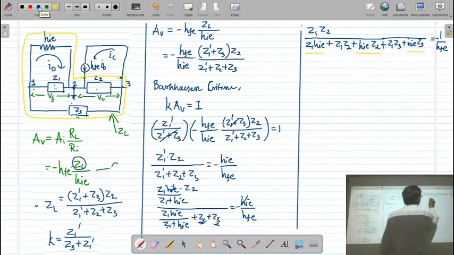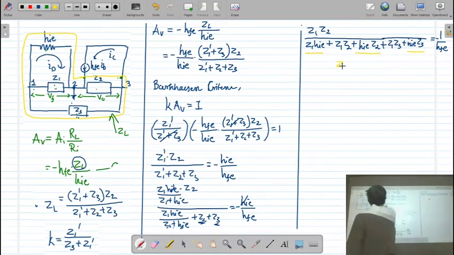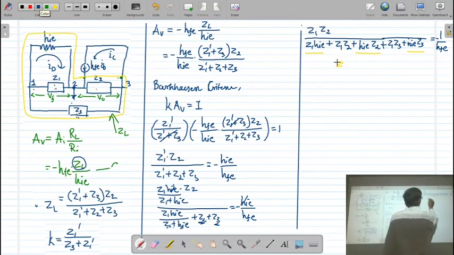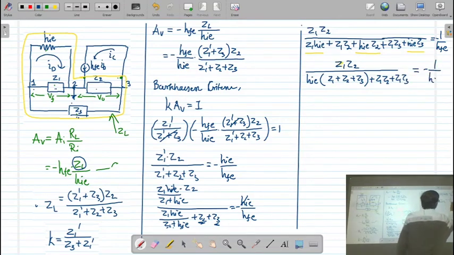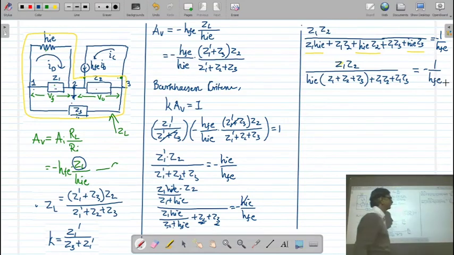So we can write a Z1 Z2 divided by the hie into Z1 plus Z2 plus Z3, and what are the remaining terms? They are Z1 Z2 plus Z1 Z3, and this is equal to minus 1 upon hfe.